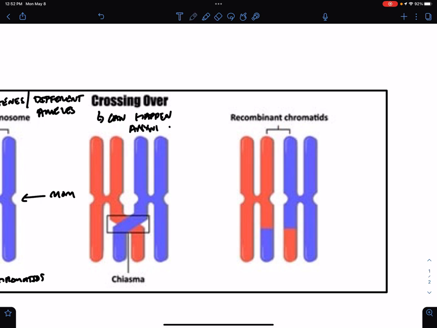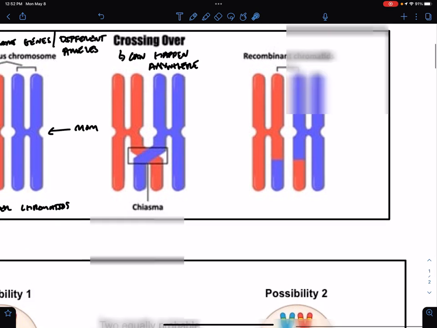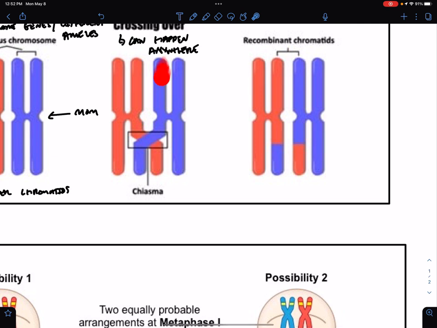And when this happens, the chromosome arm that was on the chromosome you got from your mom flops over and exchanges genetic information with the chromosome that you got from your dad.